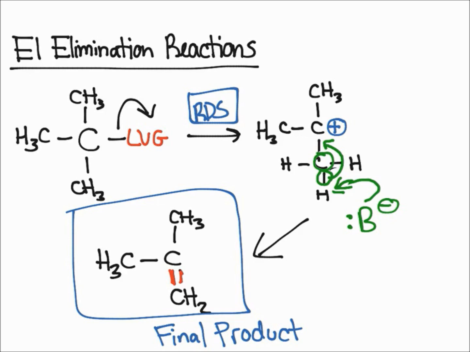It's also important to remember that if you were to try and run an elimination reaction, you would also be competing with SN1 reactions. So E1 mechanisms have SN1 mechanisms competing with them.